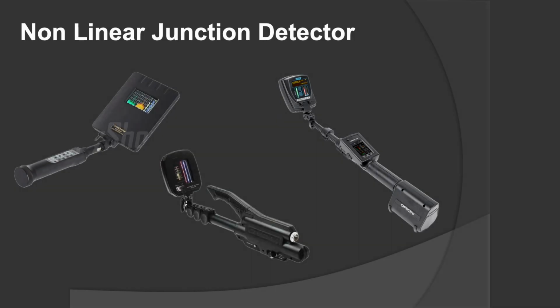So the nonlinear junction detector is a must-have equipment in sweep services. It detects electronic circuits even if they are not energized, so it is used to detect hidden devices in walls or in any object of the space under investigation.